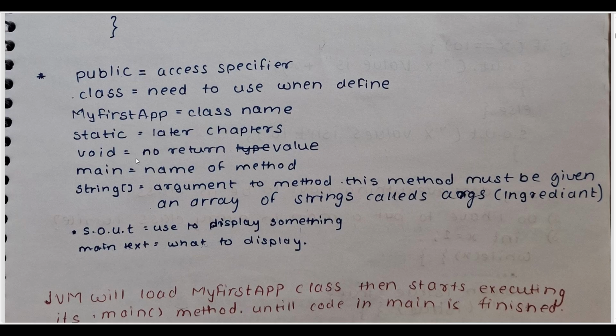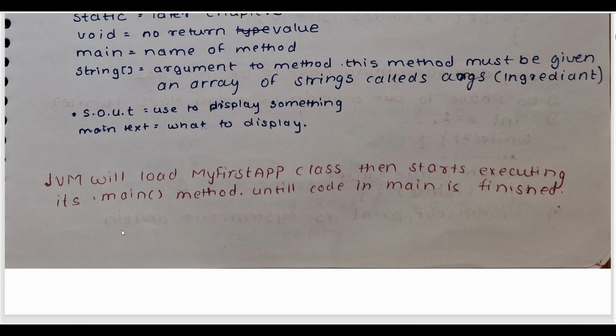You can understand this as ingredients, like we need ingredients to make something. So this main method also needs ingredients to do something, so the string args is just the ingredients. And System.out.print, as I told you, is used to display some content on the screen.